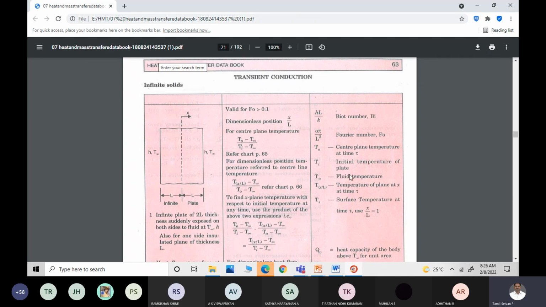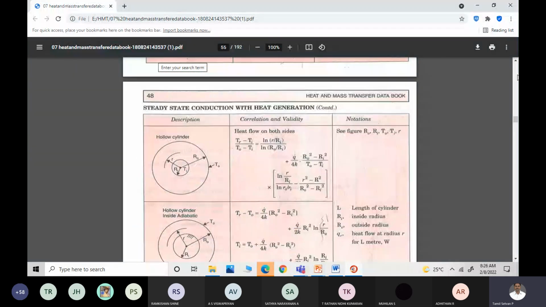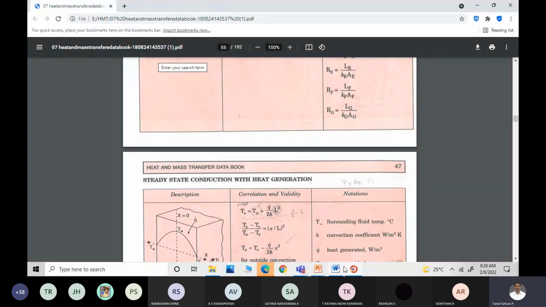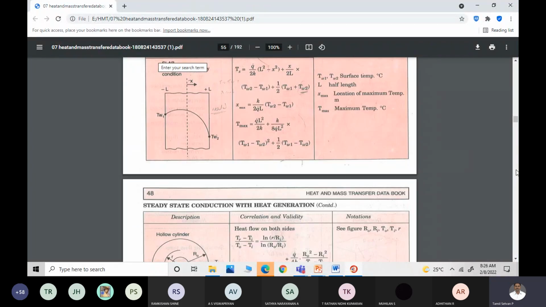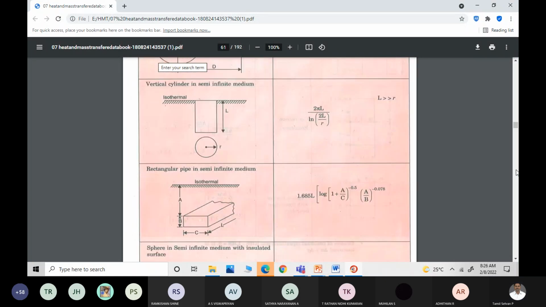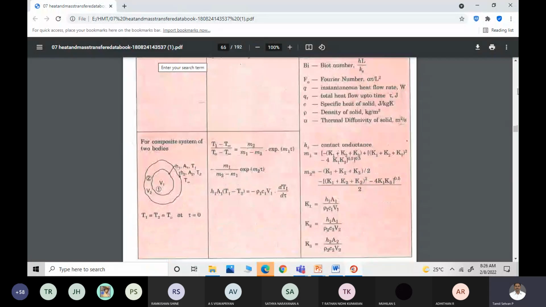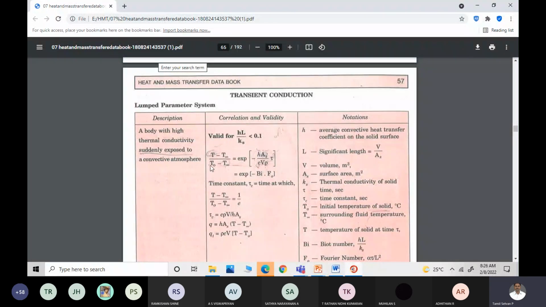This is where you have to be very careful. In the lumped system problem, we have taken T0 as the initial temperature. So please don't get confused.